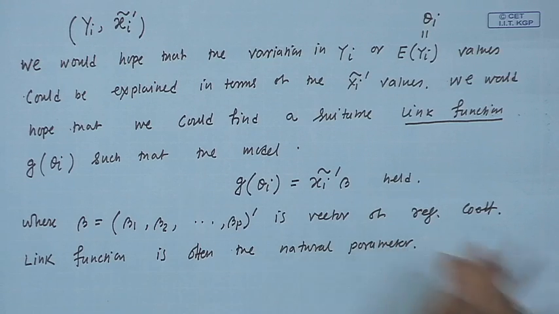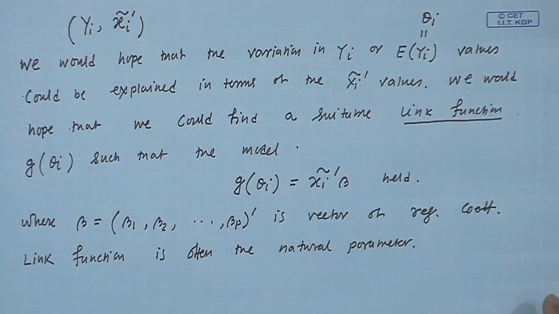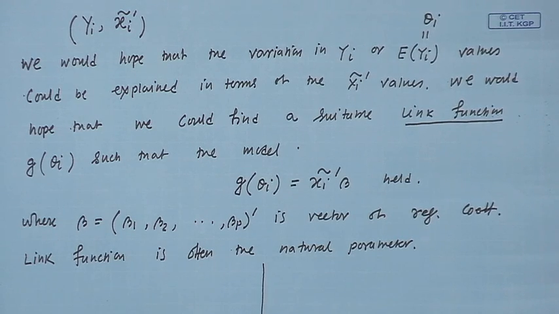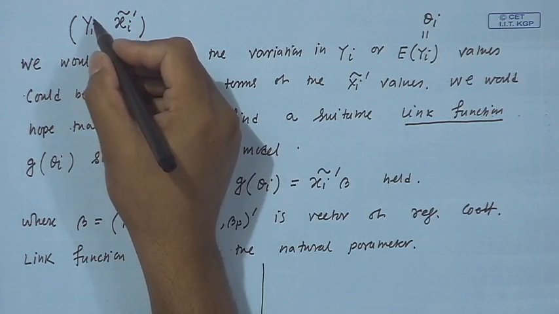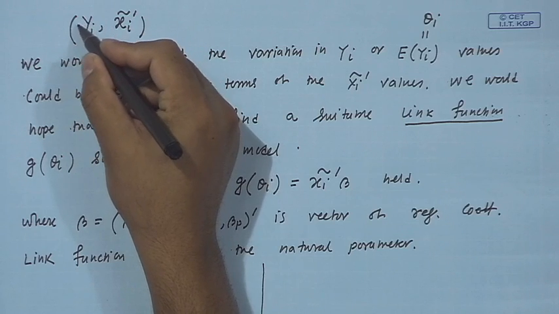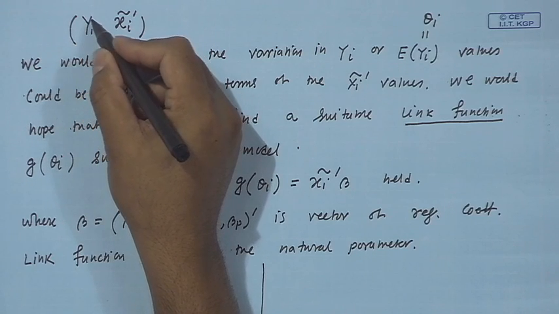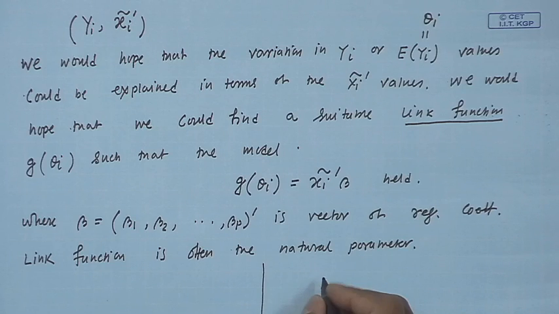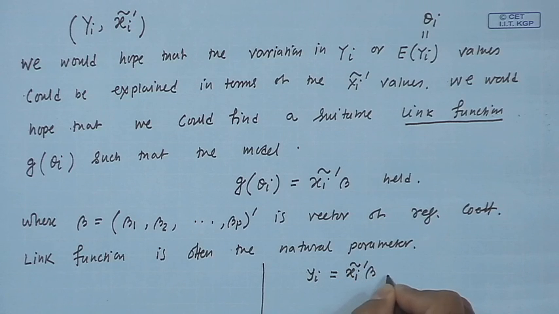Yeah, I am sure that you may face problem understanding this part, but let me try to explain this one. So, in the usual case when y_i is from a normal distribution, the model we fit is y_i = x_i' beta + epsilon.